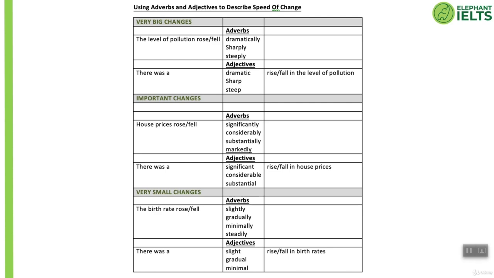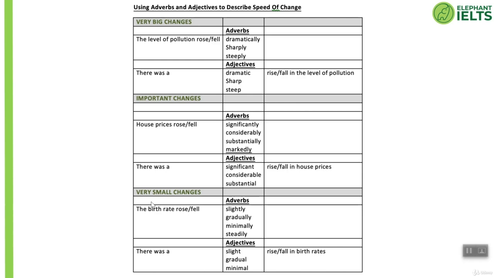So we can say, for example, house prices rose significantly, or house prices fell substantially, or markedly, or there was a significant rise in house prices, or there was a substantial fall in house prices.